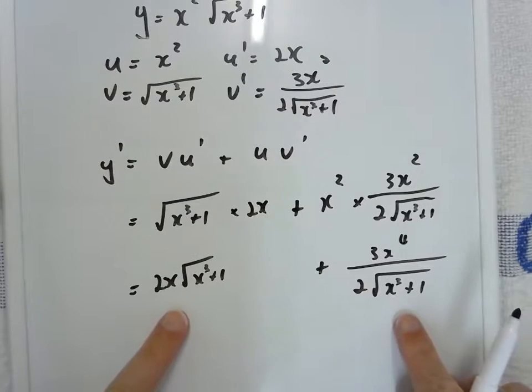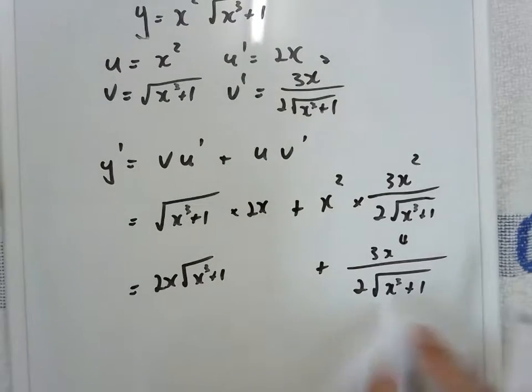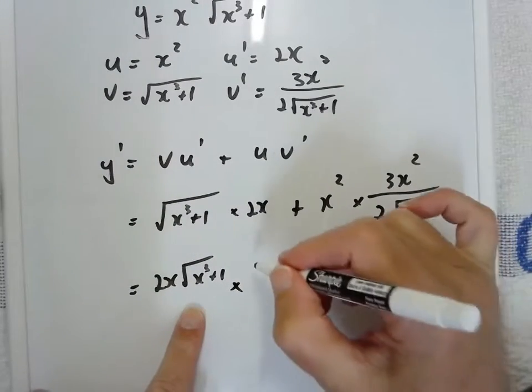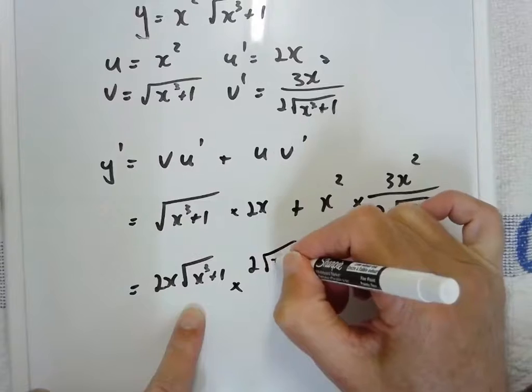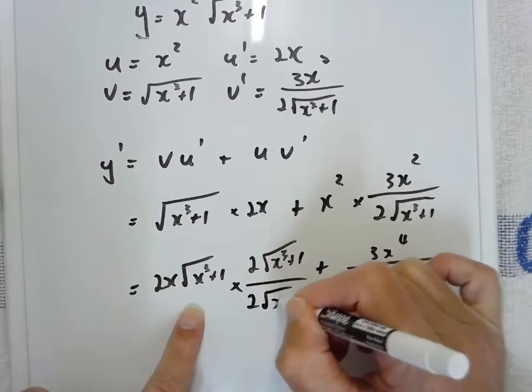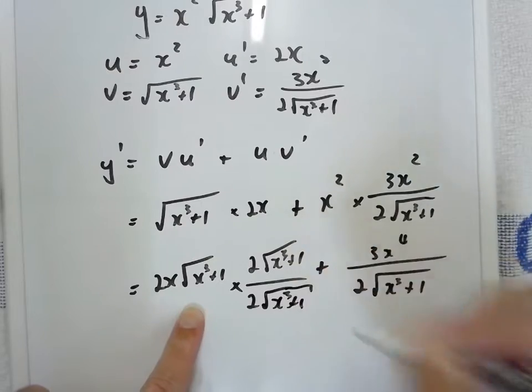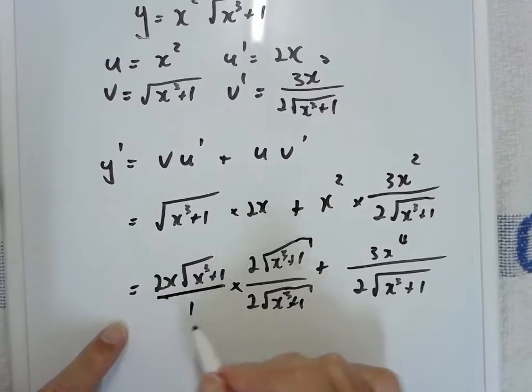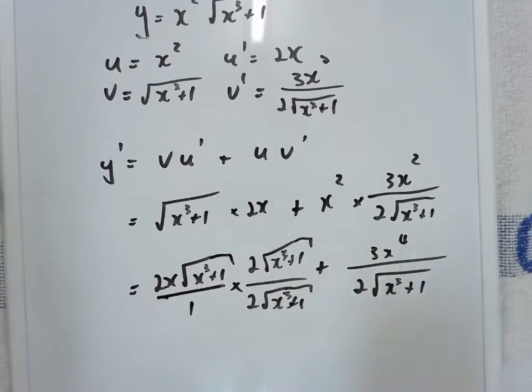To add fractions, I need a common denominator, and this is it here. So I want to multiply both sides of this fraction here, 2 on 2, like that. And that's a fraction on 1.